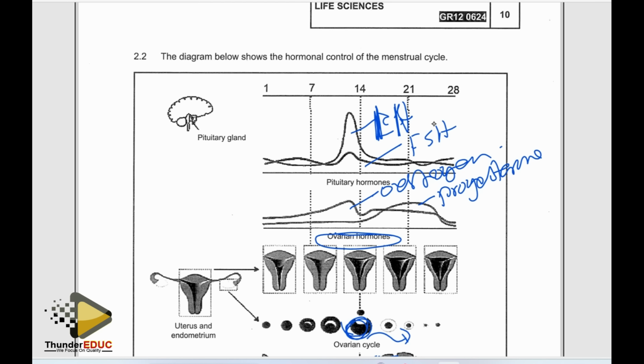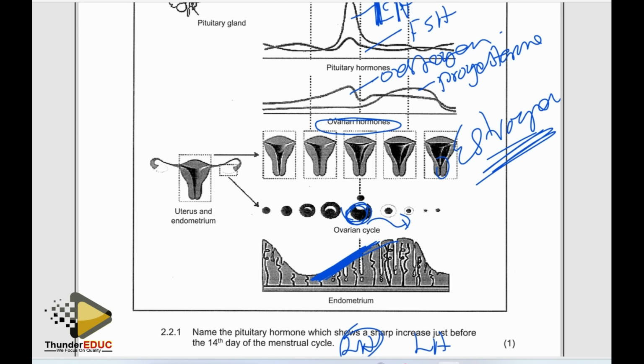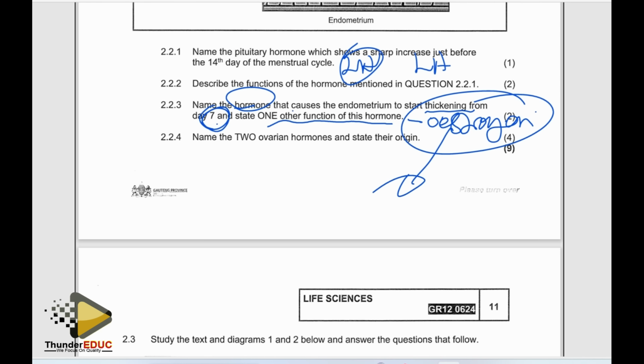Sometimes when we are in America, we say estrogen, but please don't use that one. We use British English. We like to speak the American way, but when you're writing, you write the other way. So the answer here becomes estrogen and progesterone.